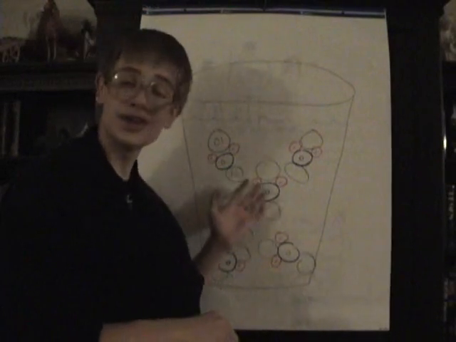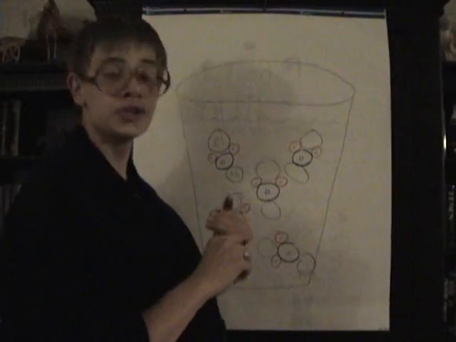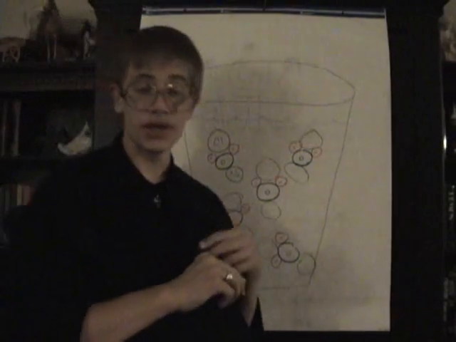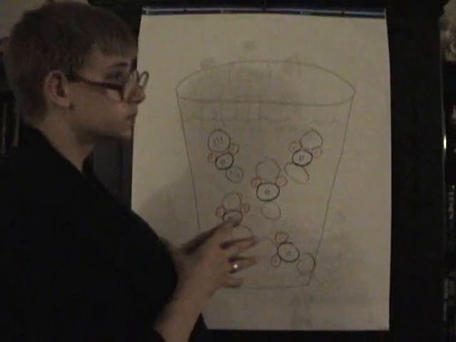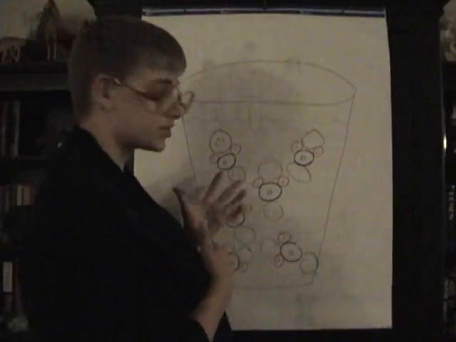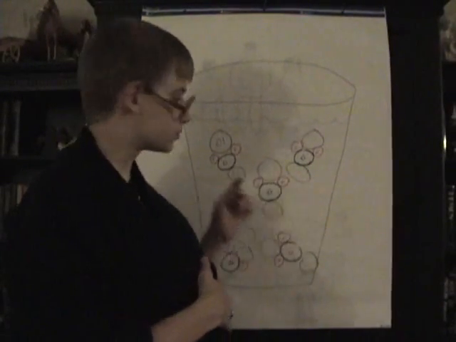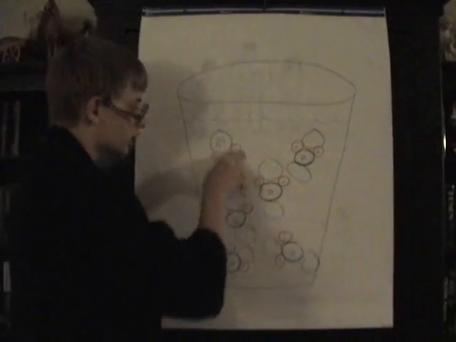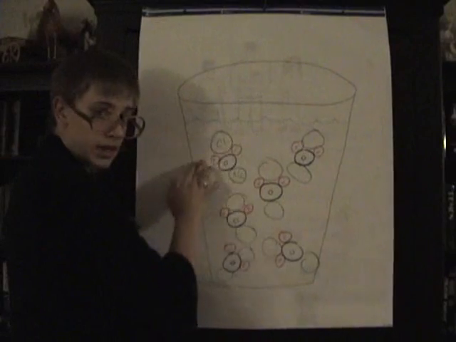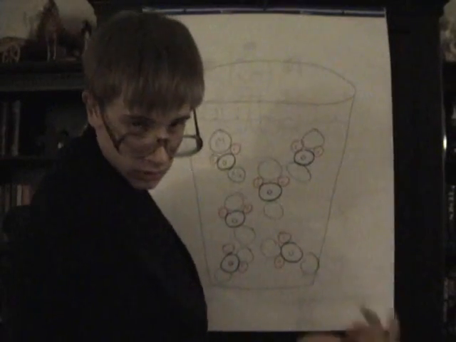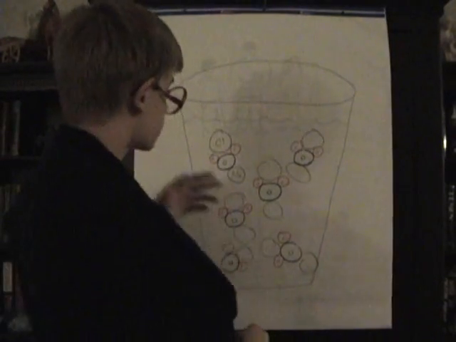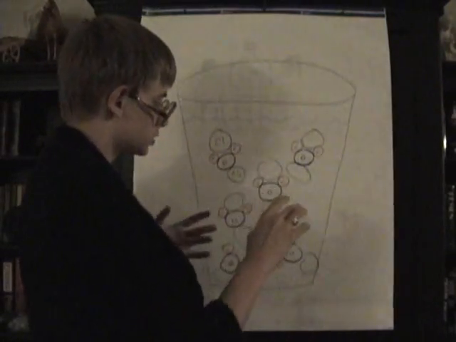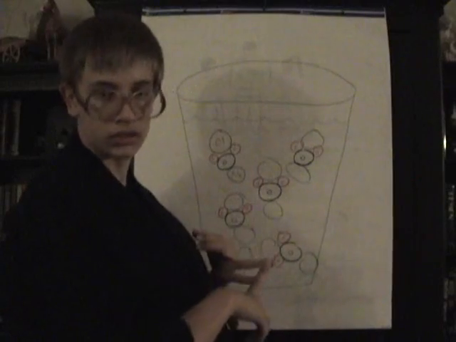Now it says that because of this, the freezing point is lowered and the boiling point is raised. Now, if you think about it, the science behind this is pretty sound. I mean, you see this and you see how it's surrounded by sodium and chlorine ions. So it's getting pretty crowded in there. It's not just water molecules anymore. It's got sodium ions and chlorine ions.